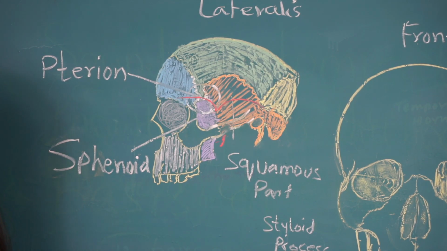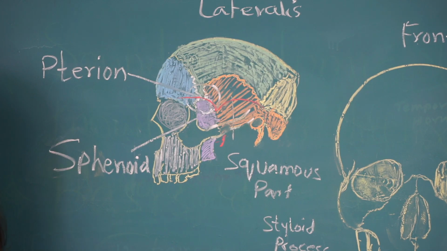The maxilla develops in the form of two halves, and then the right and left maxillae, which hold the sockets for the upper teeth, join in the midline, and here you can see this spine. We call it the anterior nasal spine, and this is the midpoint of our upper lip, the philtrum. So the two maxillae join in the midline, and that's why we have a single hard palate.